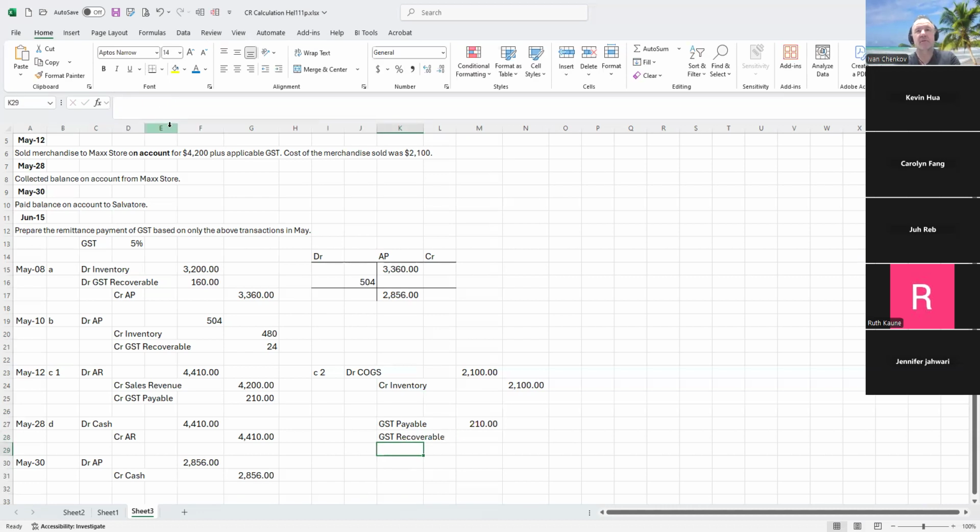How much do we have to recover first? 184, negative 160 first. And then we have another GST recoverable that will be positive 24. So in total, do we owe GST or do we have to get the GST back?